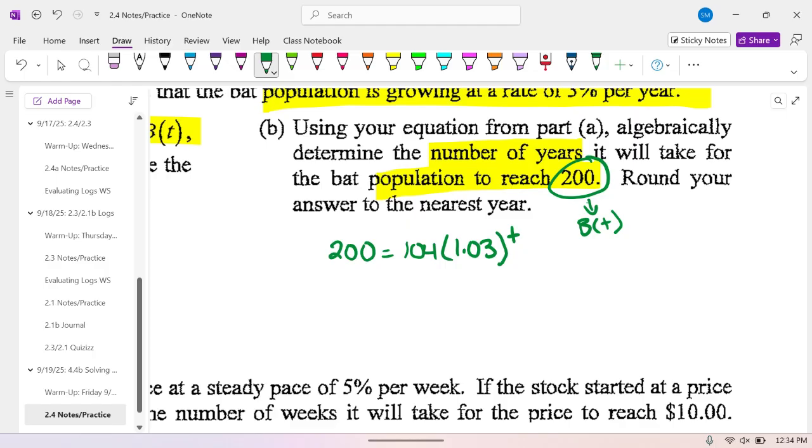And then from here, we're just going to do our logarithm method. Now, remember what I said about whenever you solve logarithms. The base of the exponential has to be by itself on one side of the equal sign. So that means nothing's being divided to it, nothing's being added to it, nothing's being multiplied to it, nothing's being subtracted to it. Is that true here?